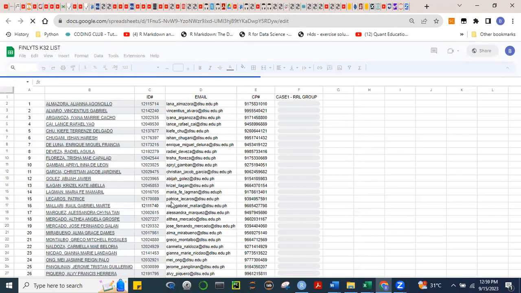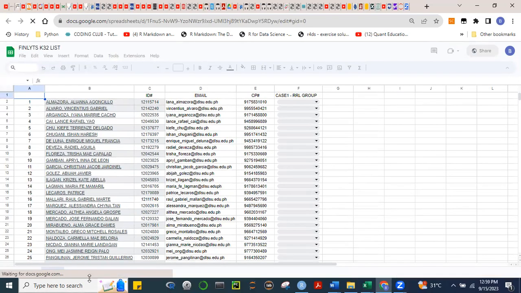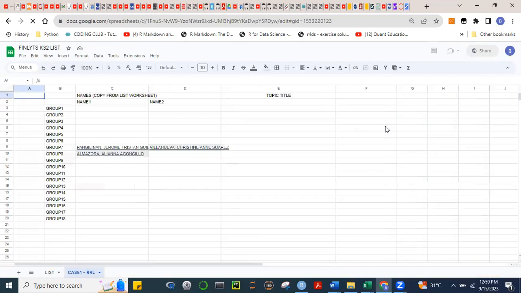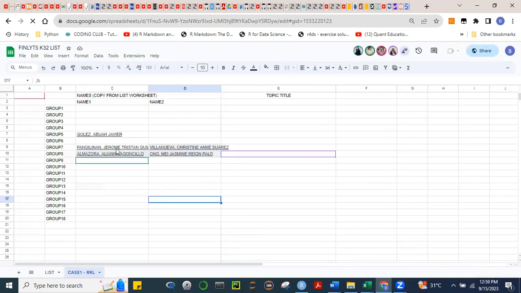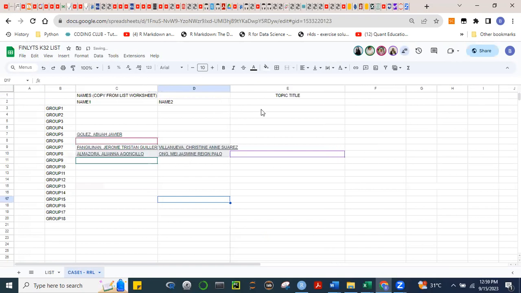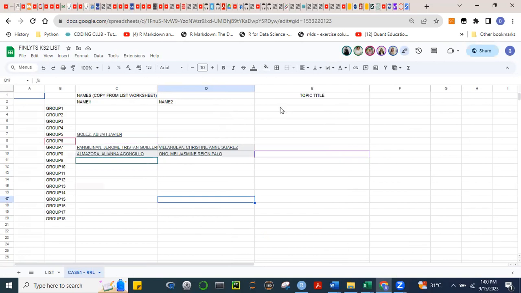Finlitz K32, and worksheet number 2. Here, case 1, RRL. Okay, only 3 groups have written their names. So the rest, please do that. Kindly write your names in the groups, and then please write your topic title because I'm going to approve this. So the soonest attendance mamaya na lang, the soonest possible time you're able to write it for my approval.